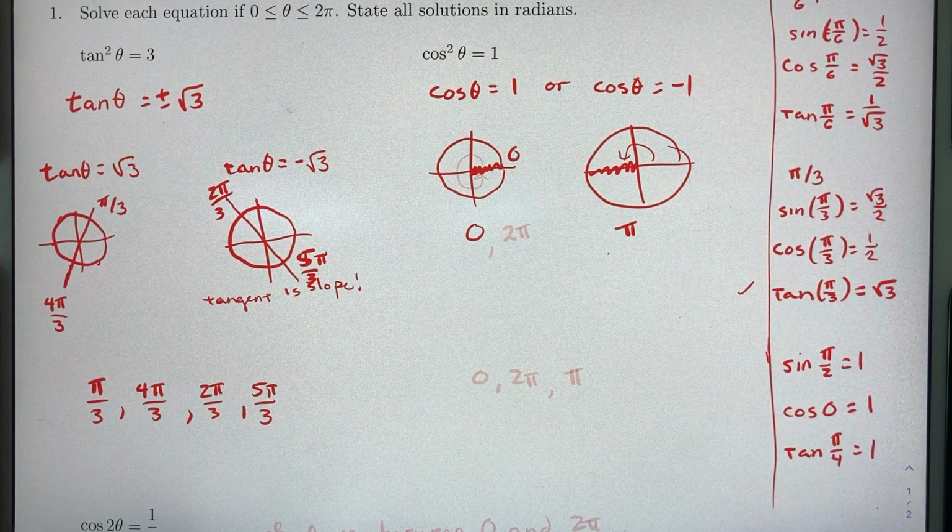But careful, there's an equal sign for the 2 pi, so I can also go to 2 pi. Always check your endpoints. If theta is going from 0 to 2 pi, remember that 2 pi has to count also.